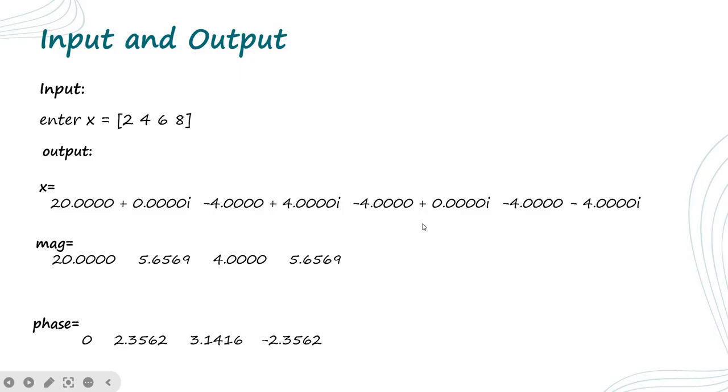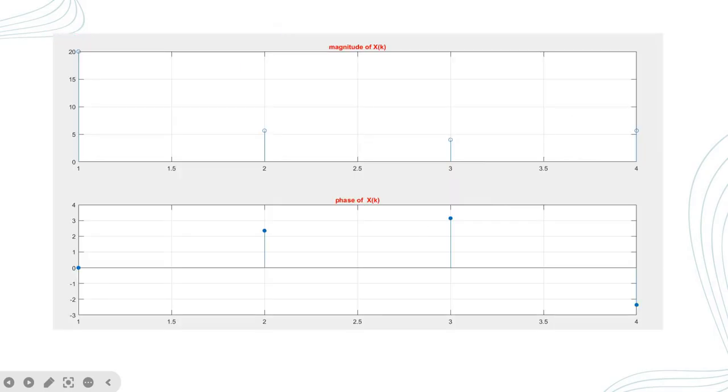Now in the figure window you will get the spectrum. We have taken two rows, one column, so magnitude is in the first subplot and phase is in the second subplot.